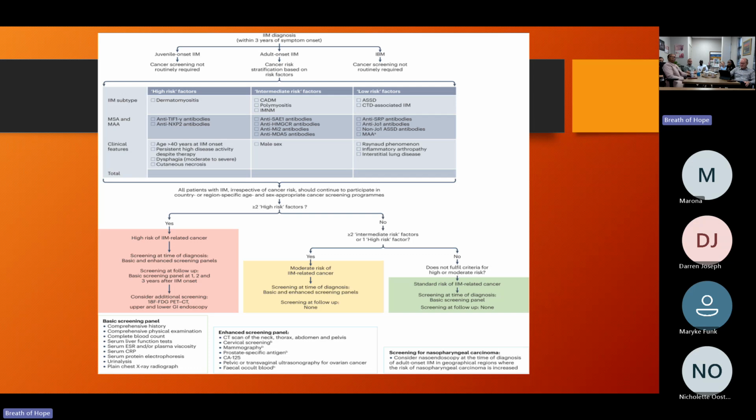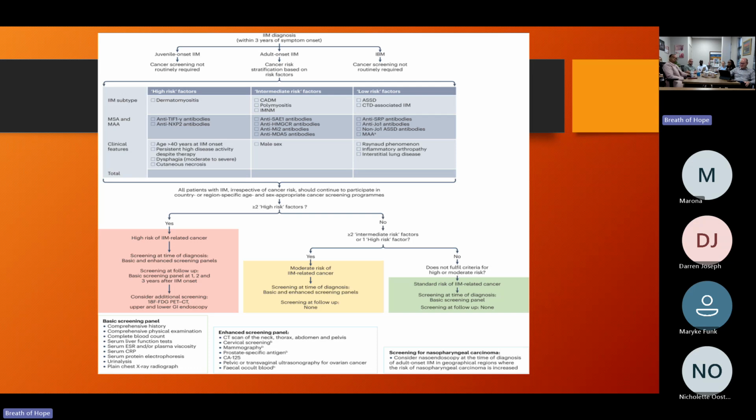That's low risk. CTD-associated myositis, so remember scleroderma, lupus, they can also get myositis. Your signal recognition particle, necrotizing group, anti-Jo, other anti-synthetase antibodies, and the myositis-associated and not specific antibodies, those patients have less chance of developing malignancy. So we're not too concerned about looking in that group.